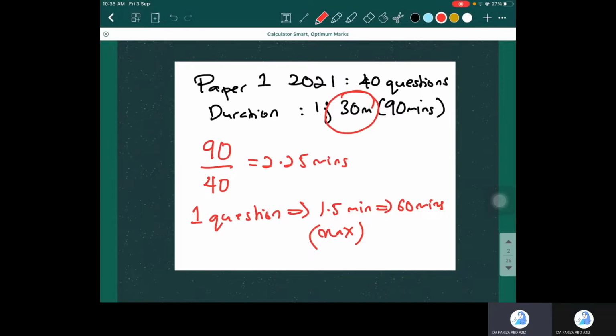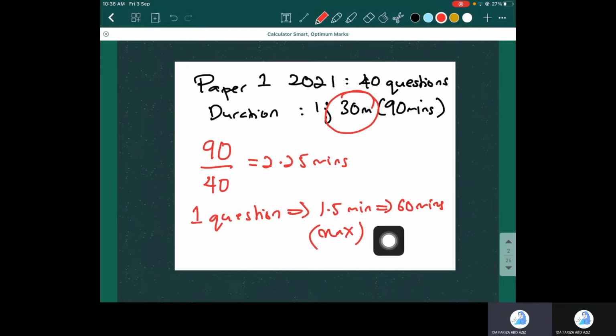Kalau you notice soalan tu susah, dah dekat-dekat 2 minit dah ni, move terus ke soalan lain, sampai you berjaya siapkan semua 40 soalan secepat mungkin. Kalau 1.5 minit untuk setiap soalan, you akan berjaya siapkan semua 40 soalan bawah 60 minit.